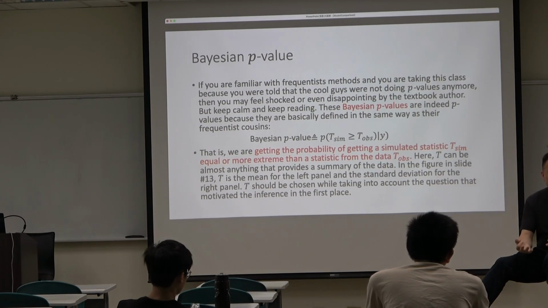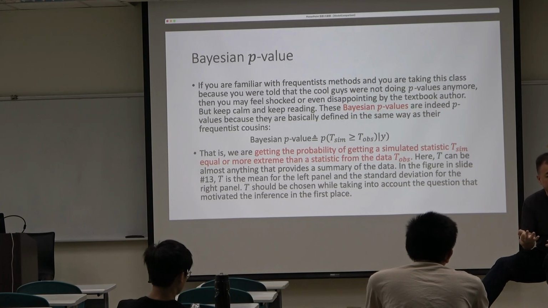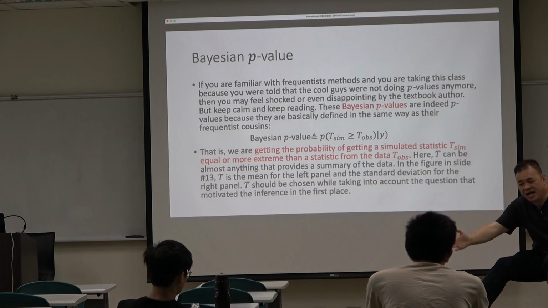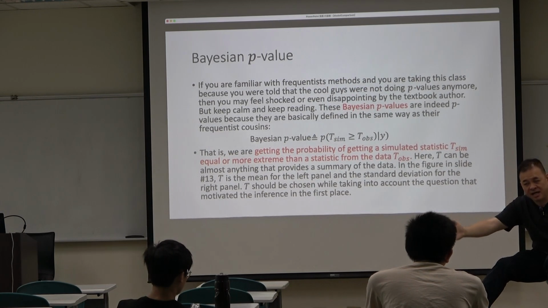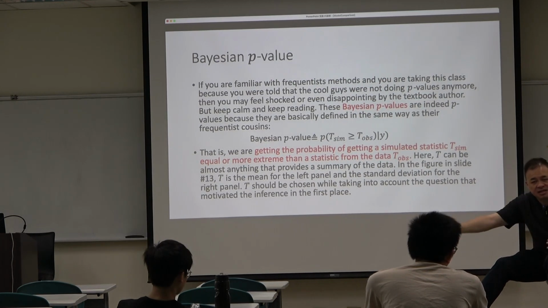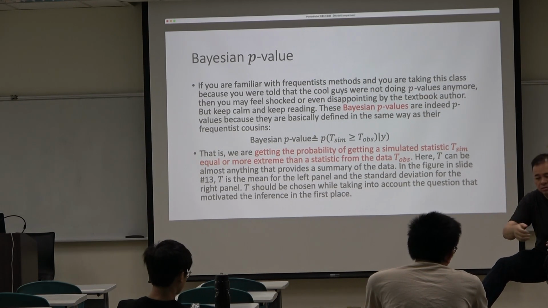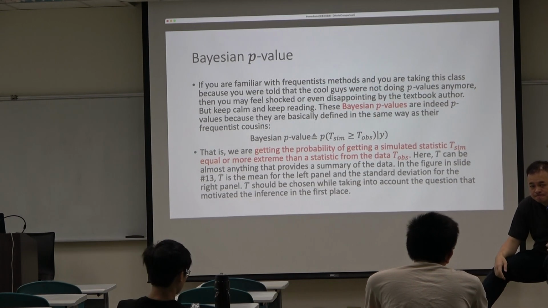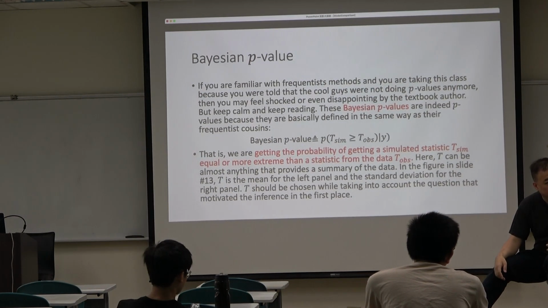I flip the coin until I get 3 heads. And it happens that I throw 10 times, and the 10th time I get a head, the 3rd head. And in the previous 9 times I get 7 tails and 2 heads. That's also one way to collect data, right?